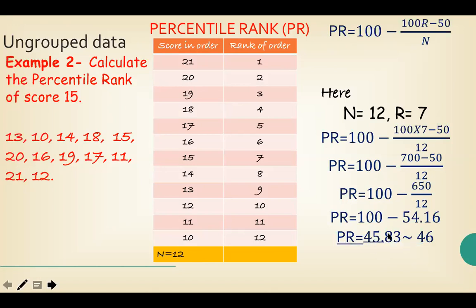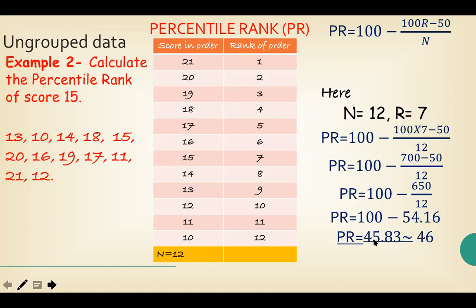Remember one thing: after the decimal, if it is less than 5, then we write the lower point of the data, and if it is greater than 5, as in this case, it is 8 here, so we are supposed to write the higher value of the data. We round it to the higher value.